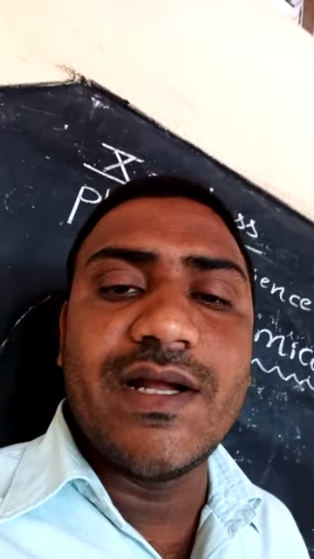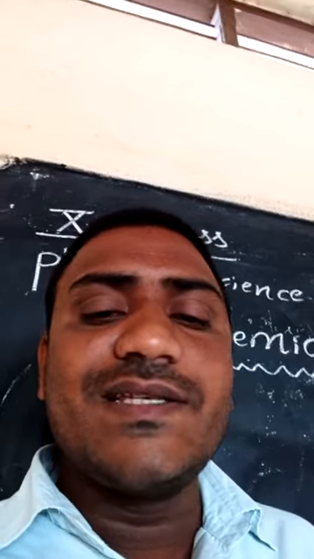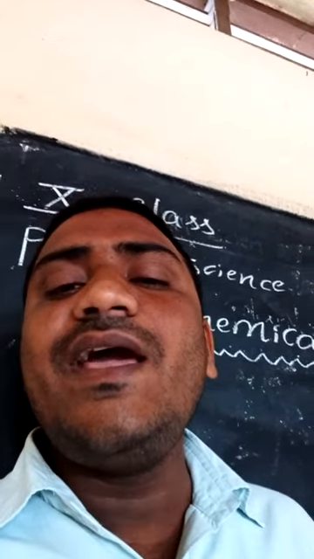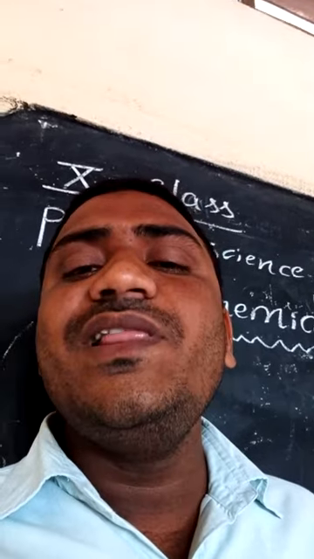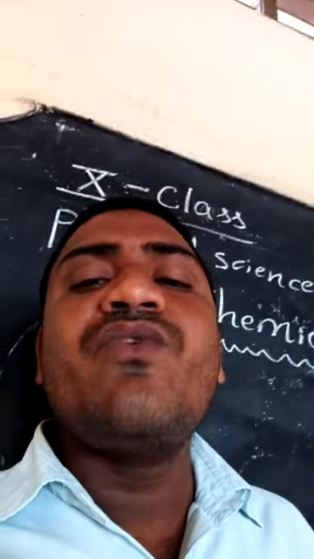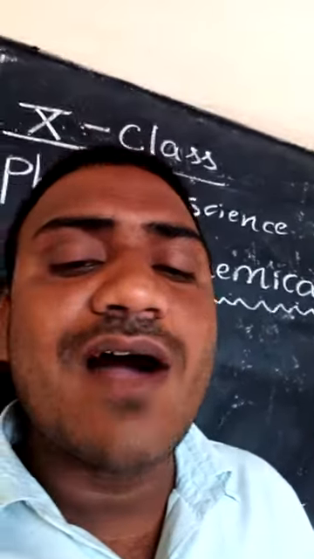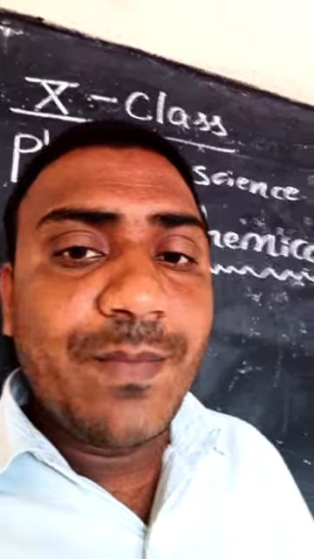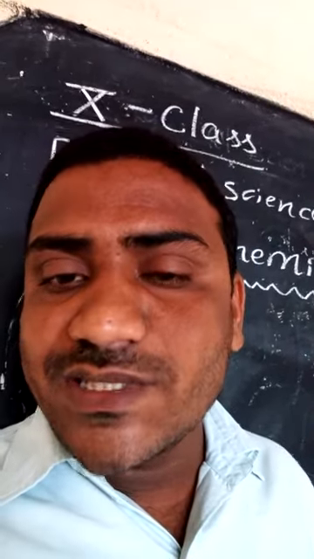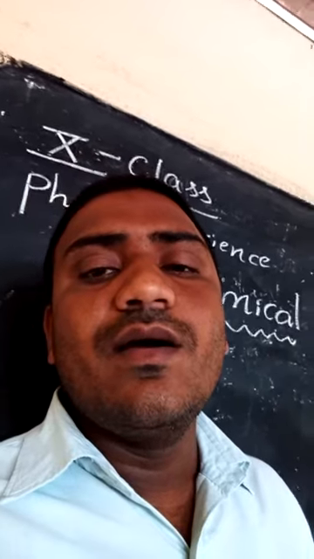Sodium chloride. Next activity: take a conical flask and fill it with 5 ml of hydrochloric acid. You know the formula of hydrochloric acid, HCl. Place some zinc granules in it, that is, put zinc pieces.